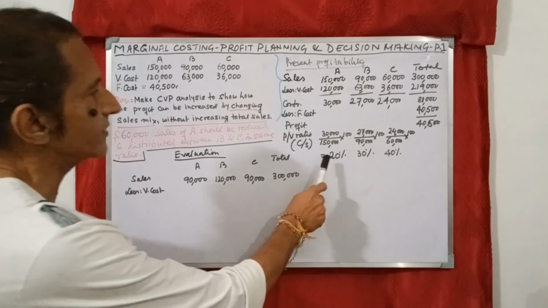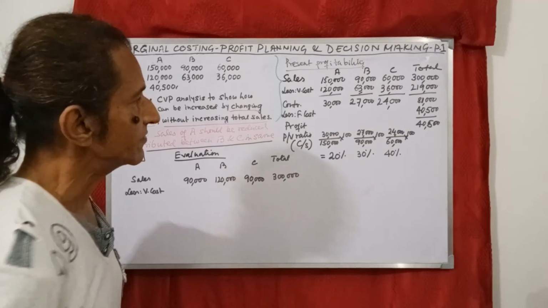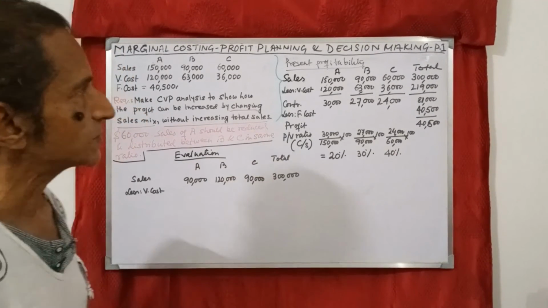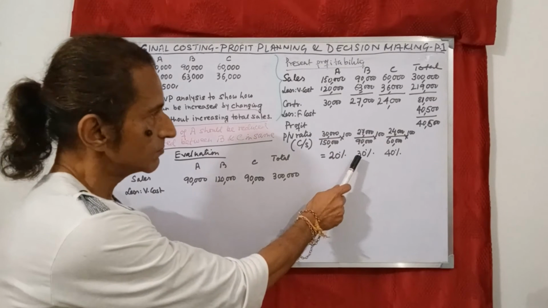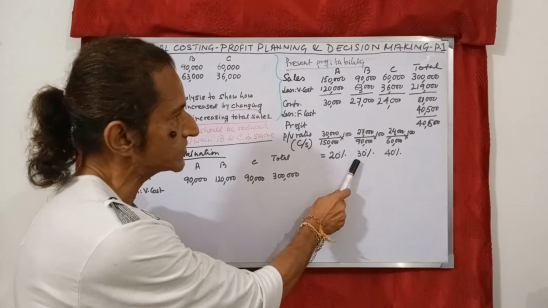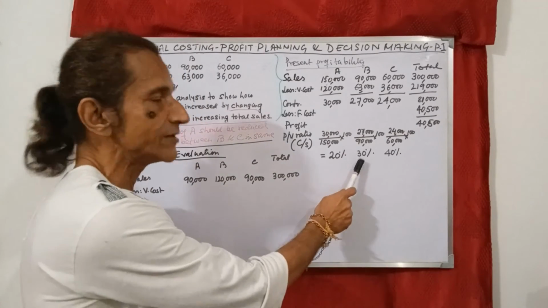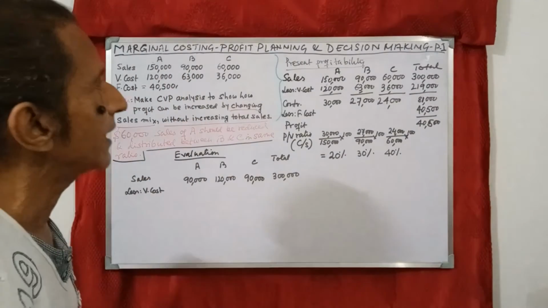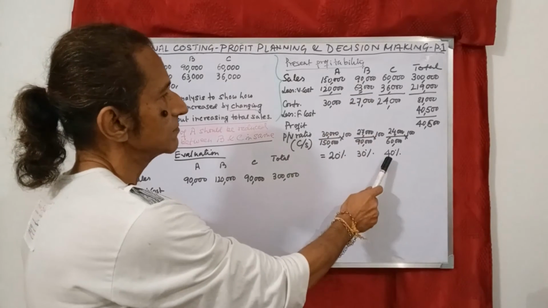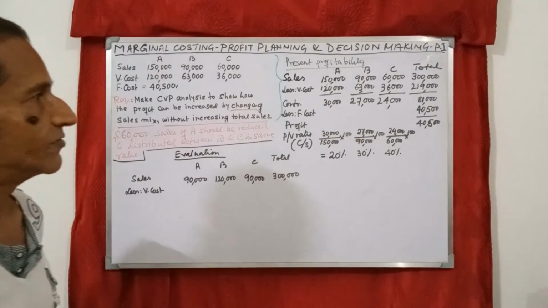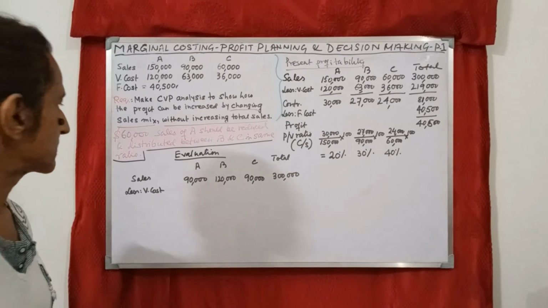So if 20% is contribution, then variable cost is 80% in case of product A. In case of product B, PV ratio is 30%, that is contribution is 30% of sales. This means variable cost is 70% of sales. And in case of product C, contribution is 40% of sales, that means variable cost is 60% of sales.